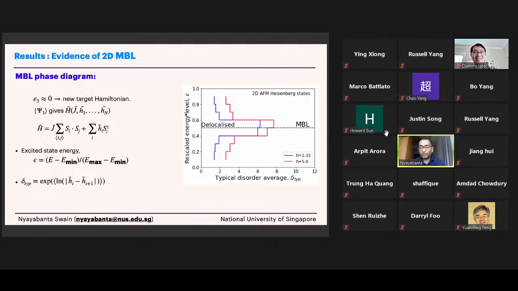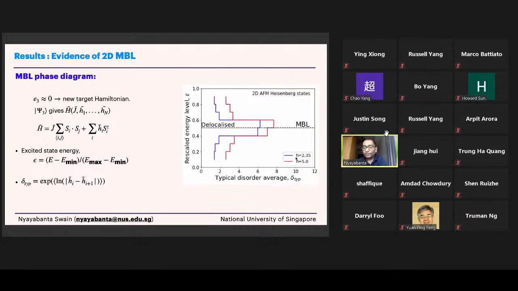If you look at the right hand side, this is the rescaled energy versus typical average phase diagram. We have obtained the ground state from QMC, and we want to show what energy this ground state will correspond to as we move along the energy axis.